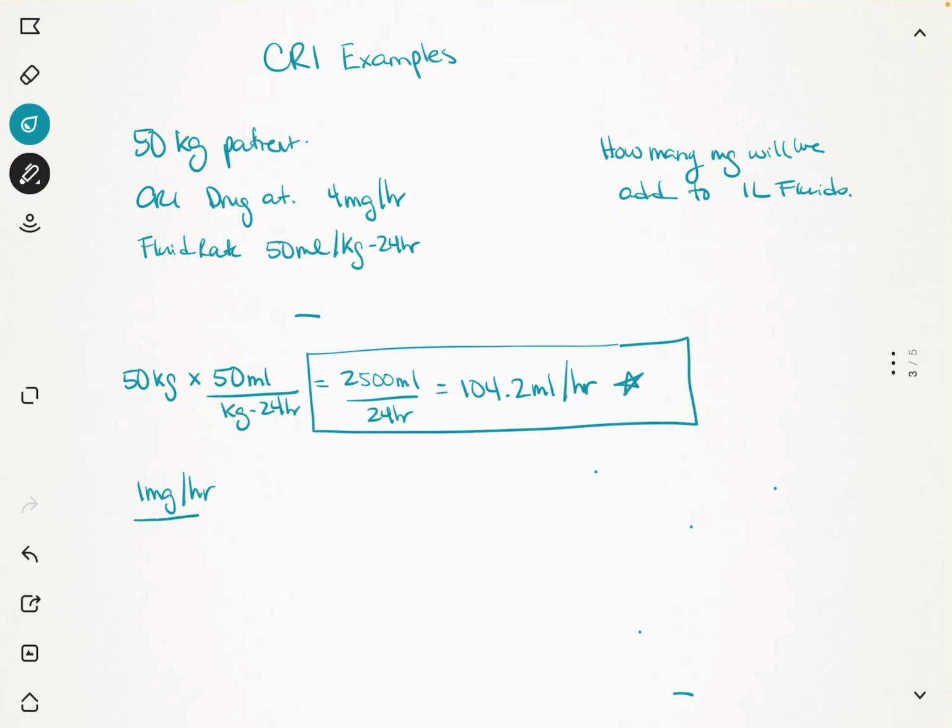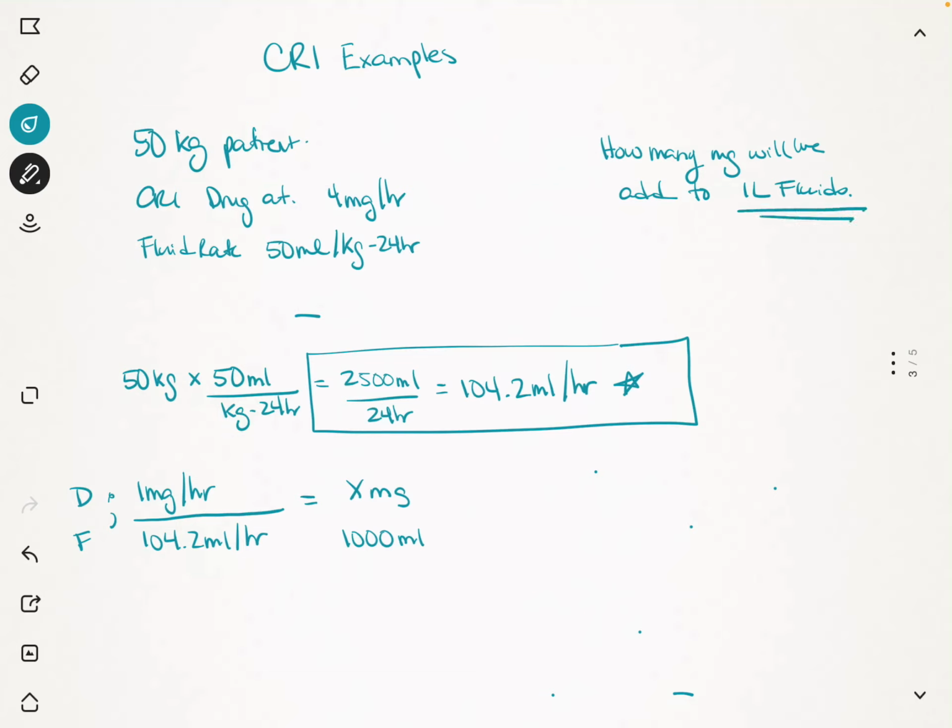So we've got 104.2 mils per hour. So this is our fluid and this is our drug. Okay, now we want to know how many milligrams are going to go into 1,000 mils. Now see how it says 1 liter here?